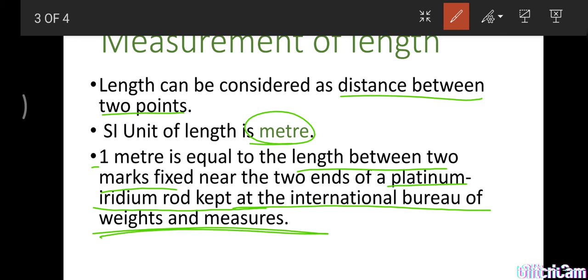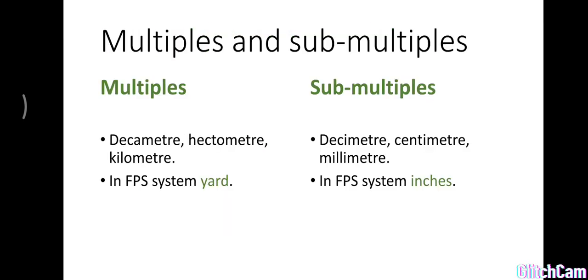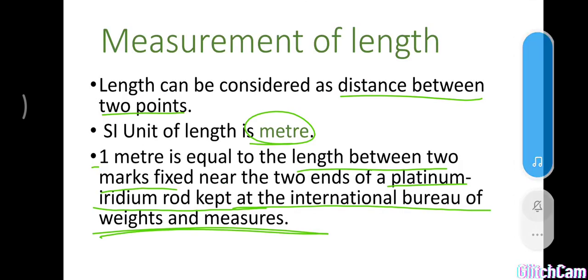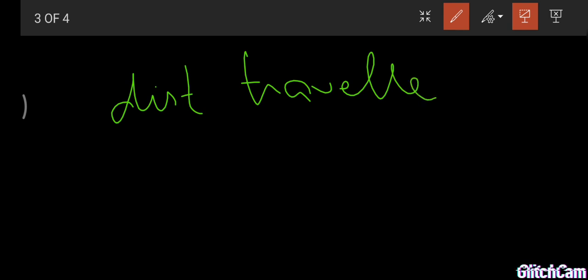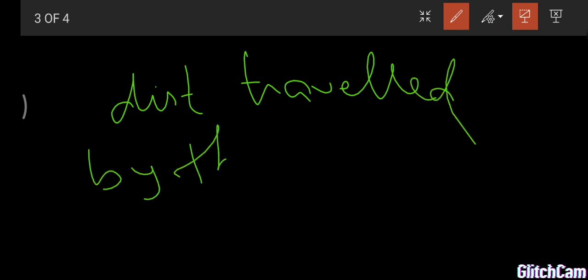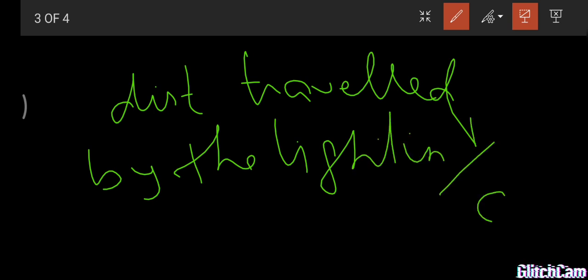But nowadays we use another definition of 1 metre: the distance traveled by light in 1/c second, where c is the speed of light in vacuum.